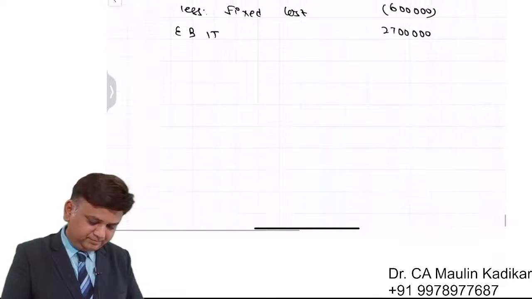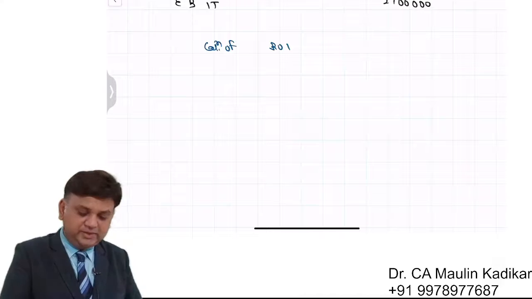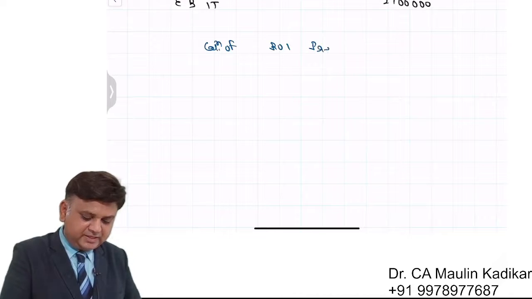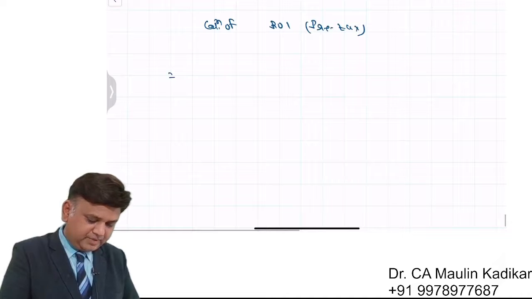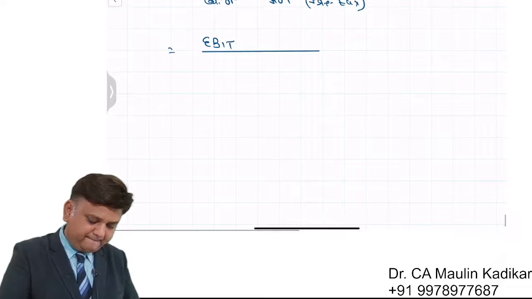Next, calculation of return on investment. I am writing in the bracket, it is pre-tax. It is earning before interest and taxes divided by capital employed.